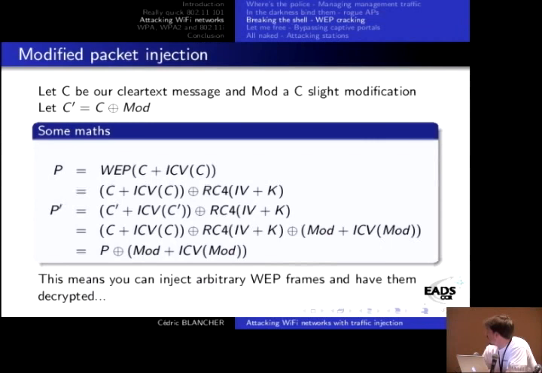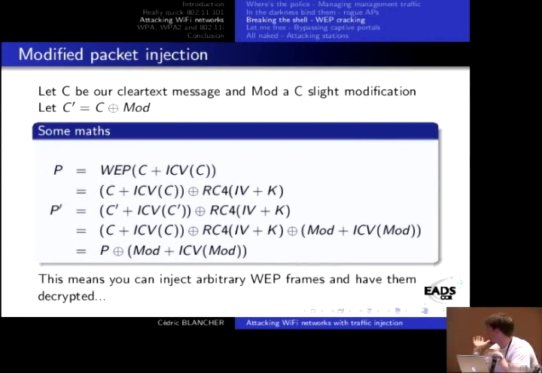But if we can inject traffic, then we can accelerate it. So the thing is, it's based on this. It's a bit of math, I will go quickly, but you can read it afterward. The basic thing is RC4 and CRC are both linear things.